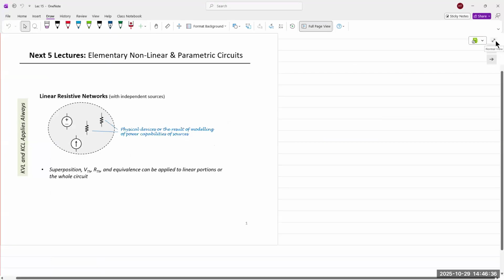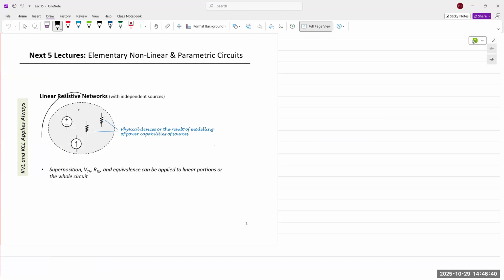Elementary nonlinear and parametric circuits. So far we have looked at linear resistive circuits comprised of linear resistors. Linear in this case means that the voltage and current for a resistor have a linear relationship. So if voltage increases, then current must increase. If voltage decreases, current decreases, and vice versa. Right?